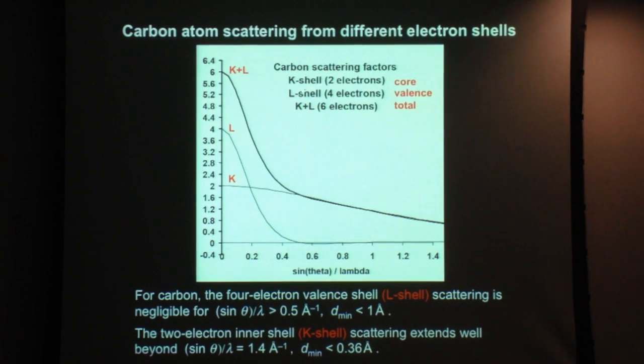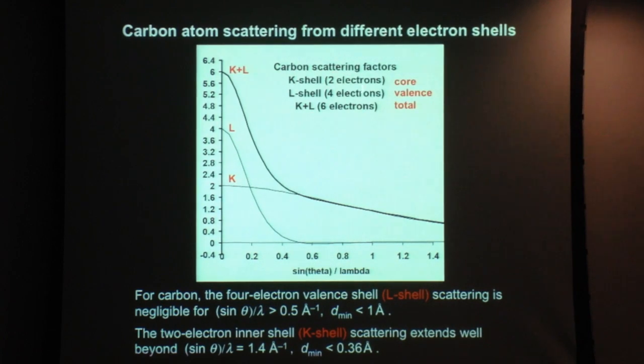Those 1s electrons are the ones that are closest to the nucleus on average, and the valence shell electrons, the 2s2 and 2p2 subshells, are where the chemistry takes place between the carbon atom and whatever other atom it's interacting with.